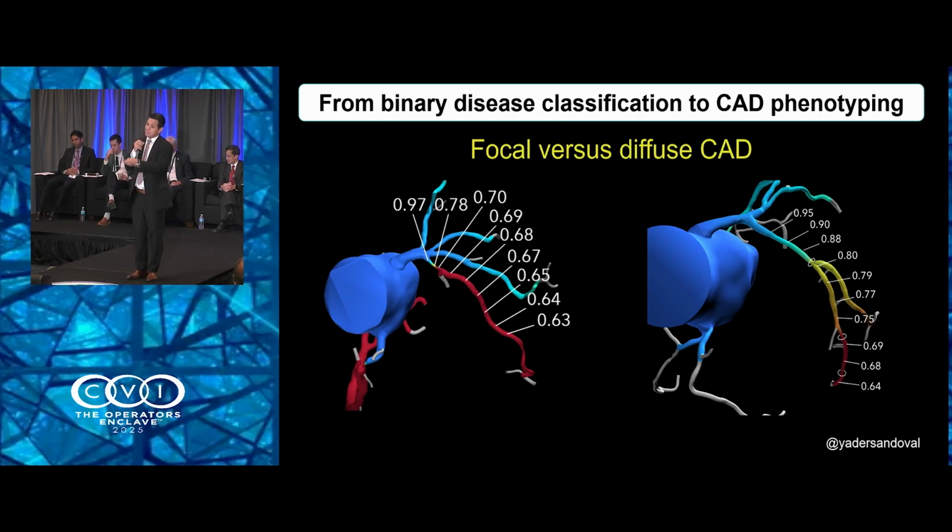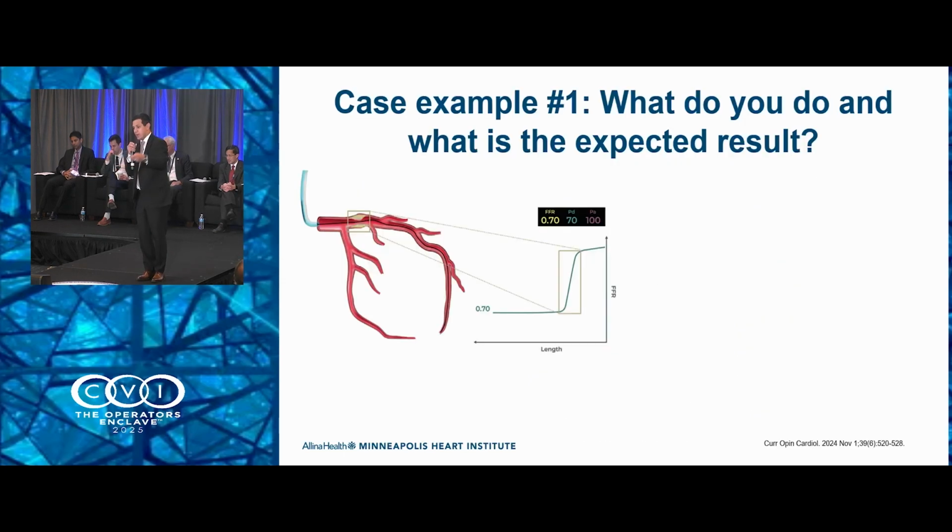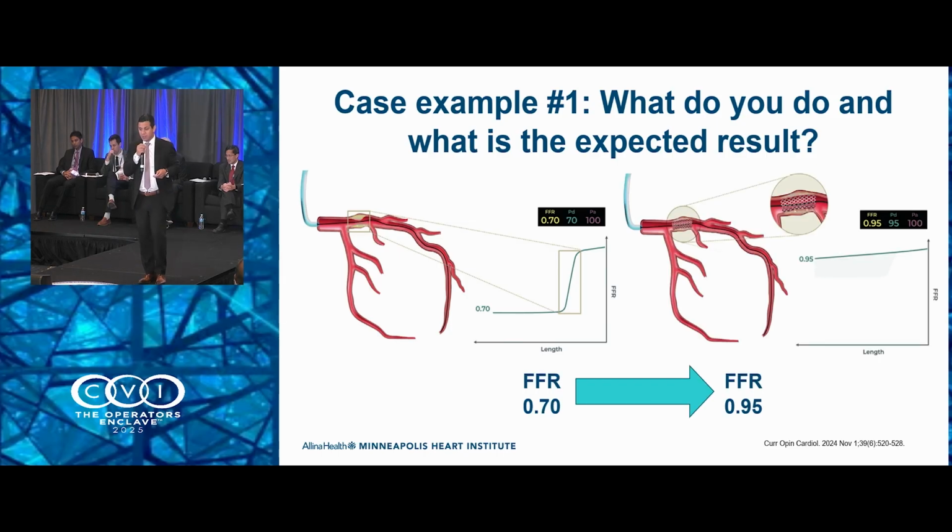And the problem is that these patients as a whole have been in the same sort of trials. So we need to move beyond FFR, right? We need to move to phenotyping: on the left, focal coronary artery disease with a huge step up; diffuse, with a gradual decay. So what do we expect? This has been published, but just to illustrate it, in these curves from this paper published in 2024, if you look at the left, if you have focal coronary artery disease, you're going to have a significant gain in your post-PCI FFR.